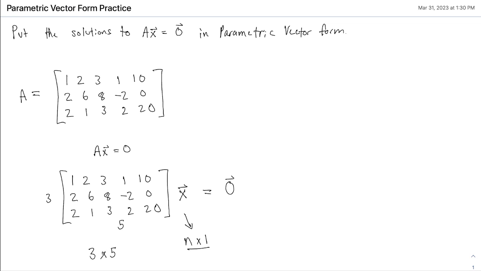So the way I tend to think of it is if I erase the 3's and the 5's, this is 3 by 5, times some number here times 1, right? Okay, so I like to match up my middle pairs.